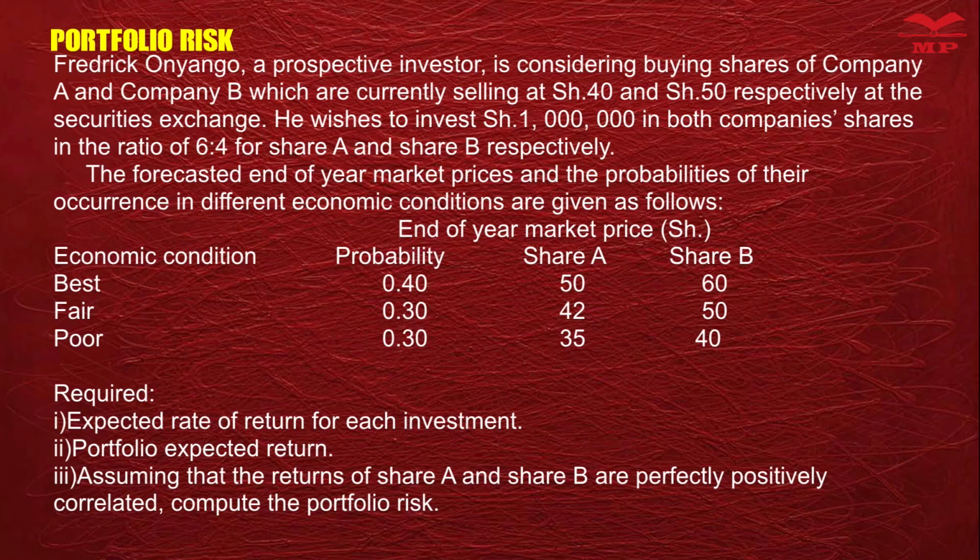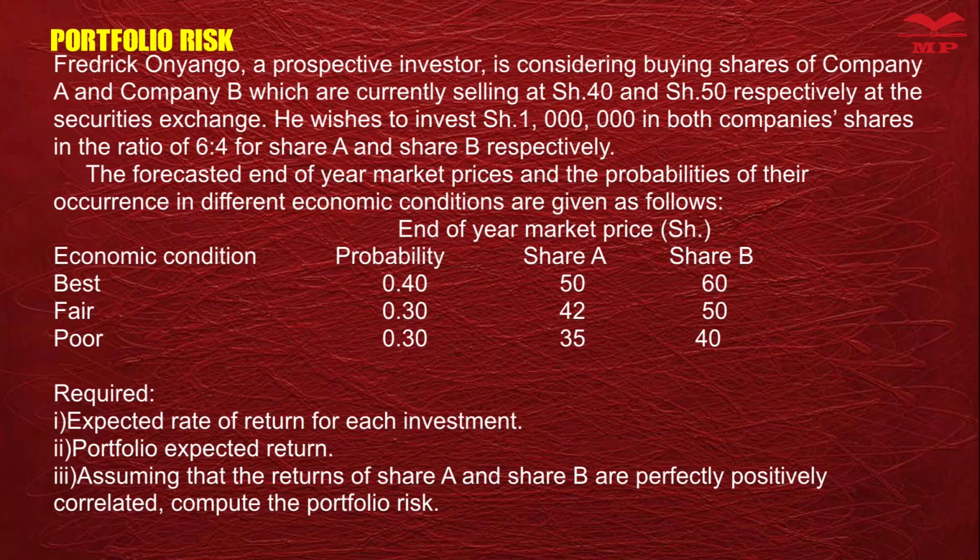Pedro Nyango, a prospective investor, is considering buying shares of company A and company B, which are currently selling at 40 shillings and 50 shillings respectively at the Securities Exchange. He wishes to invest 1 million shillings in both companies' shares in the ratio of 6:4 for share A and share B respectively. The forecasted end of year market prices and the probabilities of their occurrence in different economic conditions are shown as follows.